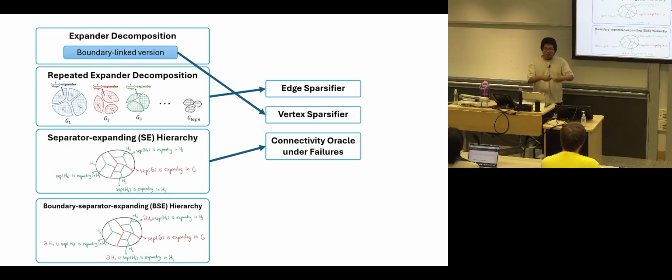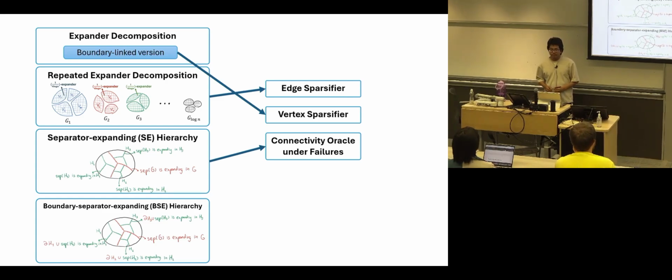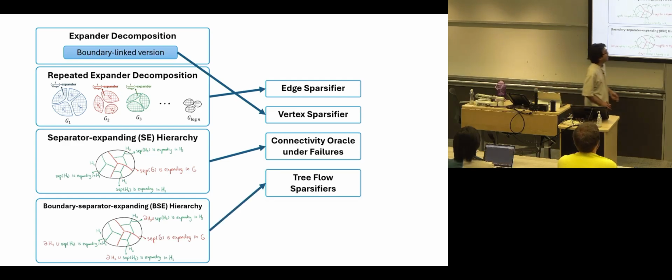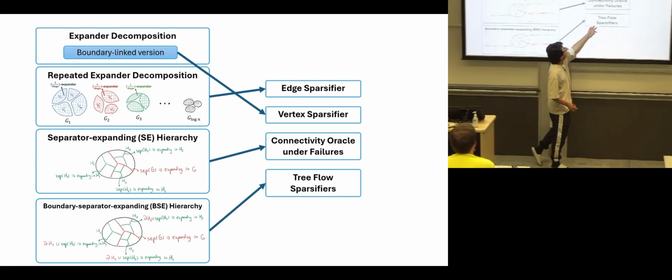We get to build some kind of sparsifier. What's that? It's a super strong thing, like the tree cut. Yeah, the tree cut sparsifier. It's a tree flow or cut sparsifier.